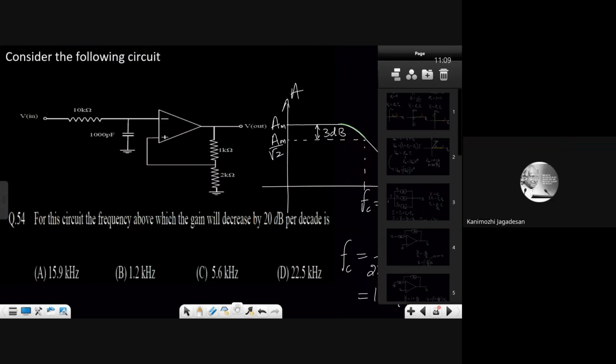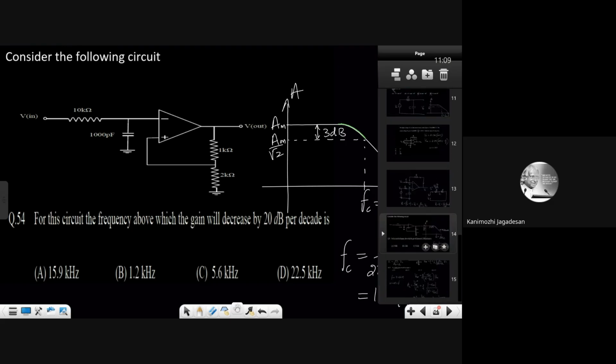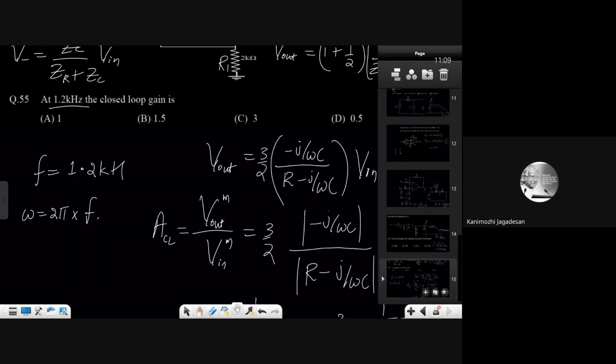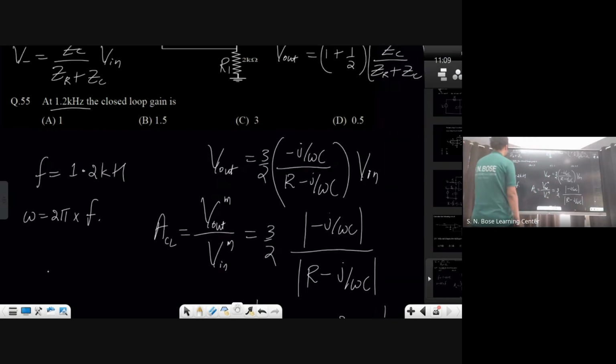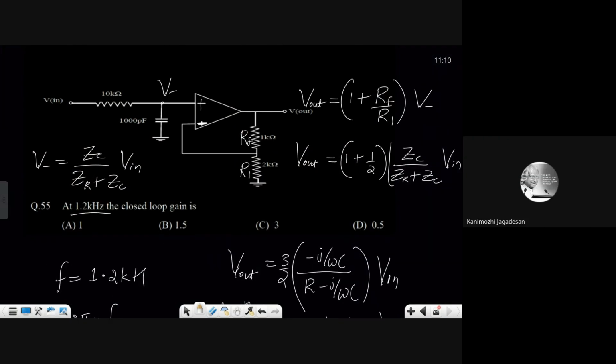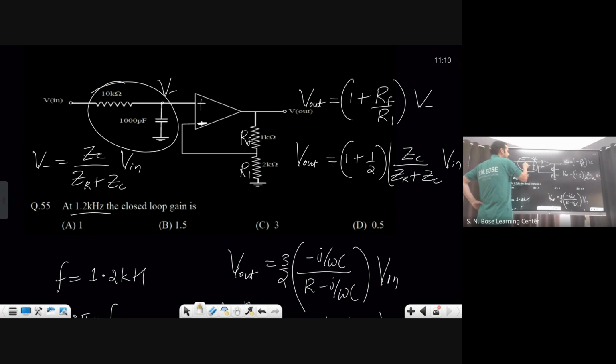In the last question, since the gain is 1, V minus equals V in, right? No, wait. This is completely passing. This gain is 1, but once you feed here, this is one non-inverting amplifier. 1 plus 1 by 2 will be there.